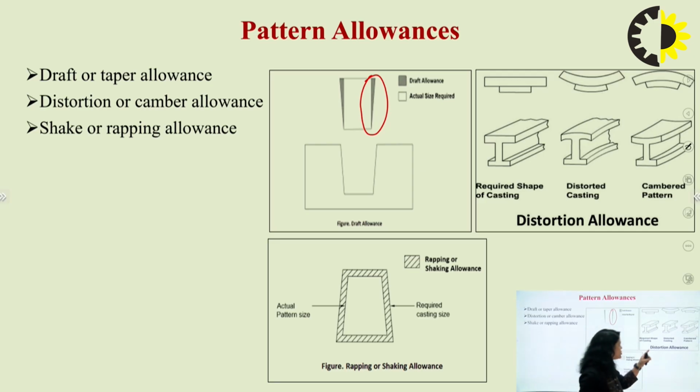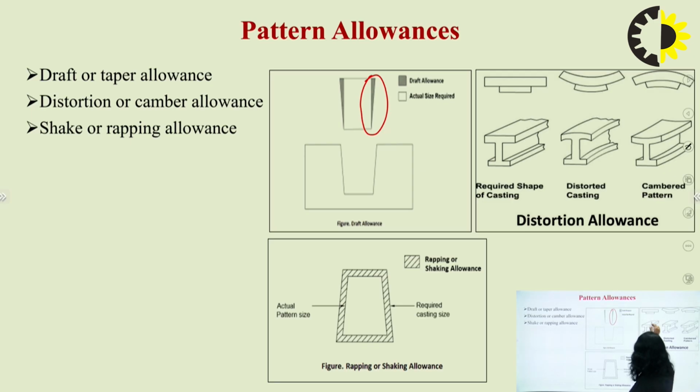In the case of the distortion allowance, distortion can take place in shapes which are irregular, because uneven solidification will take place, meaning some parts will solidify fast and others will solidify slowly. So the chances of distortion are more.